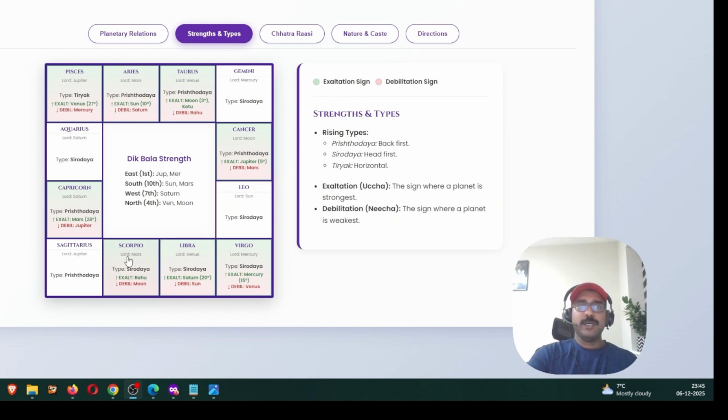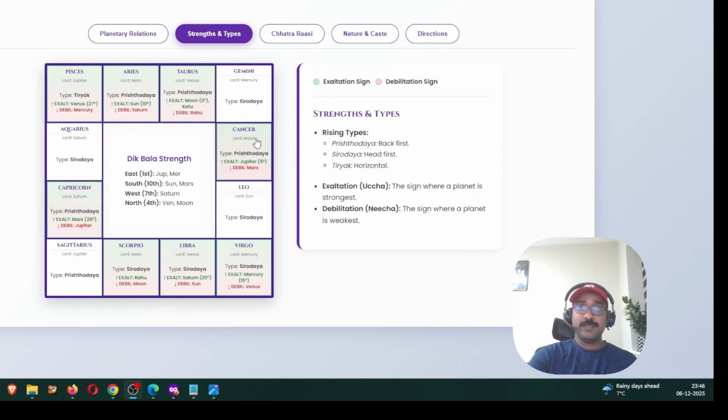And likewise for Scorpio, so Shirodaya Rashi, and it's a debilitation sign for Moon because Moon was exalted in Taurus at 3 degrees. Similar for Sagittarius, it's a backwards Rashi, and Capricorn is an exaltation sign for Mars because Mars is debilitated in Cancer. Its 7th is the exaltation.